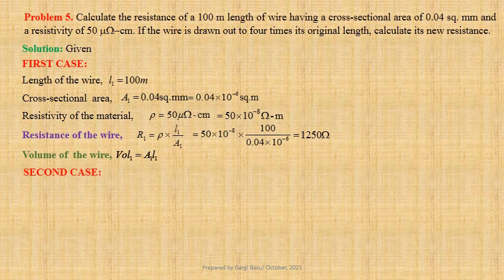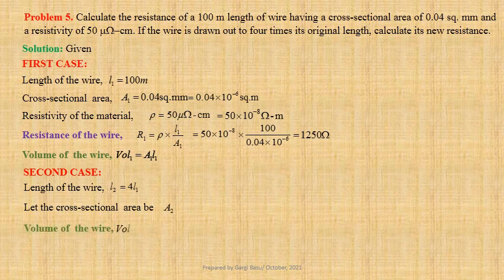Second case, length of the wire L2 equals 4 times L1. Let the cross-sectional area be A2. Volume of the wire vol2 equals A2 into L2. Resistance of the wire R2 equals rho into L2 by A2.